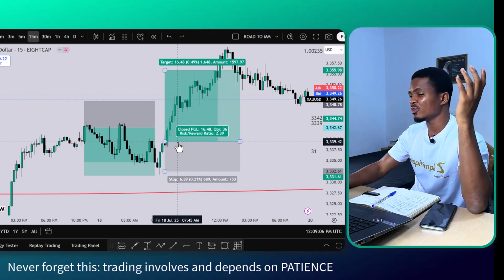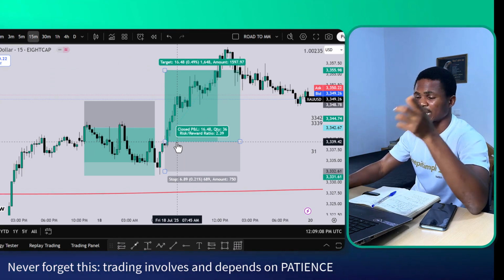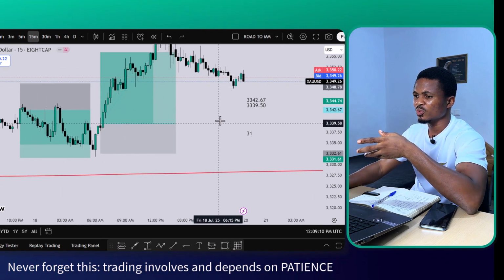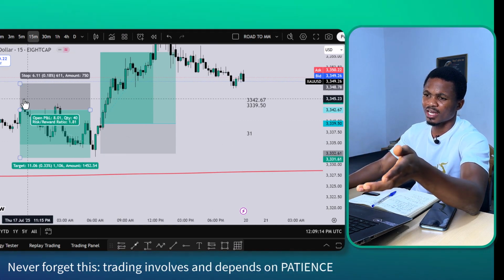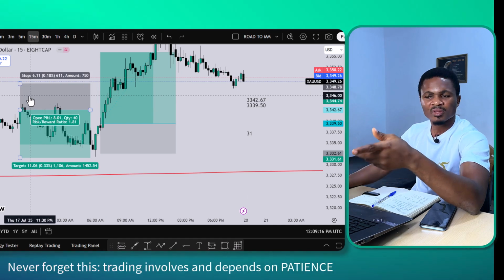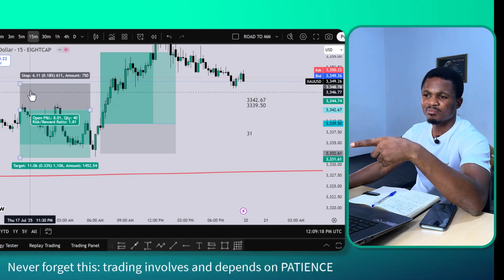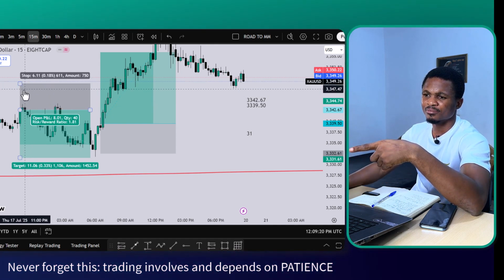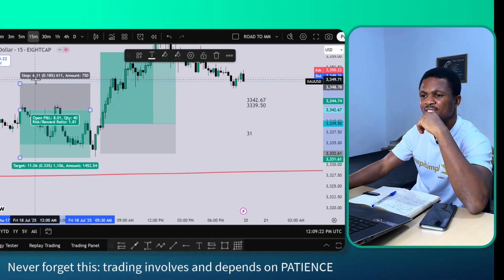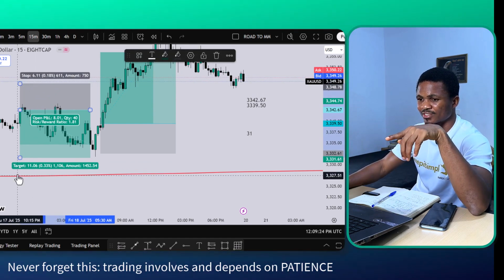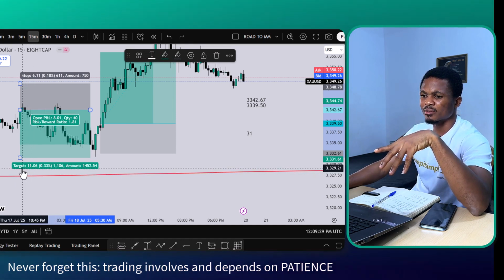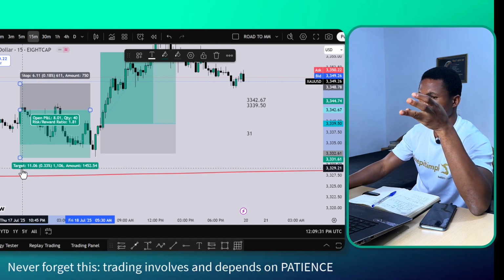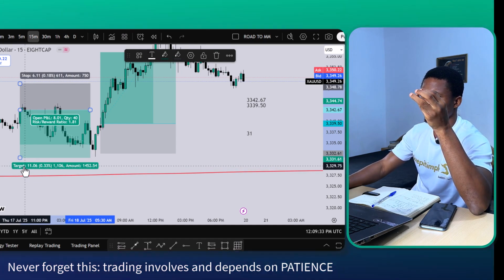But yes, if you don't have the time to be calculating like what I've shown you right now, doing the subtraction and stuff like that, you can just basically use this. You have a stop loss over here. Remember, on TradingView, you are multiplying this value by 10. These 6 points, the stop loss value and your target value, you just multiply the numbers over here by 10 and you are going to get your pip.